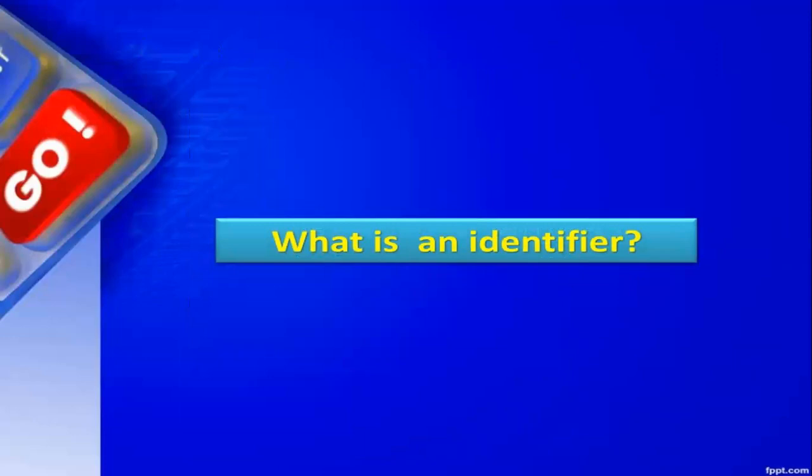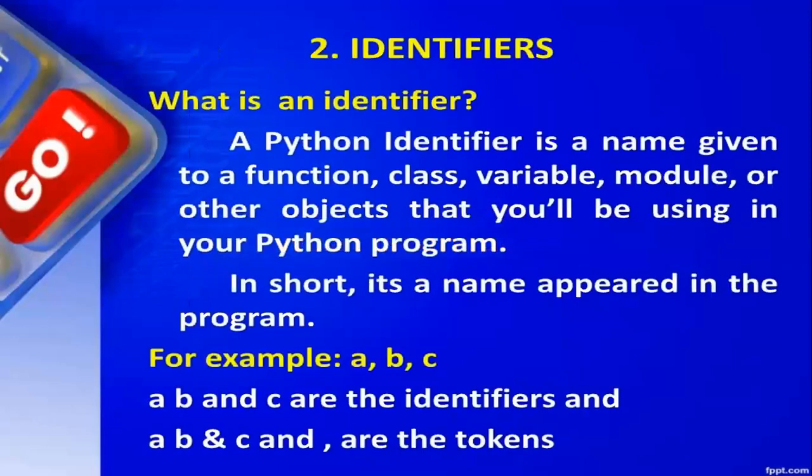So what is an identifier? A Python identifier is a name given to a function, class, variable, module, or other objects that you will be using in your Python program. You will learn to use function, class, variable, module slowly. And when you are using it, you will realize that you have to give it a name, your choice. That name is an identifier.